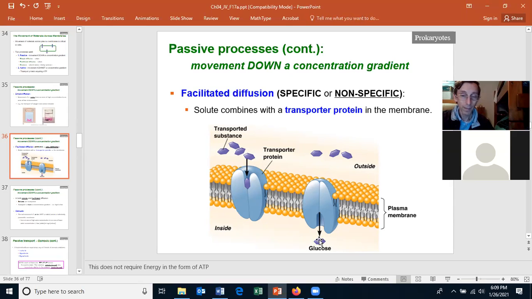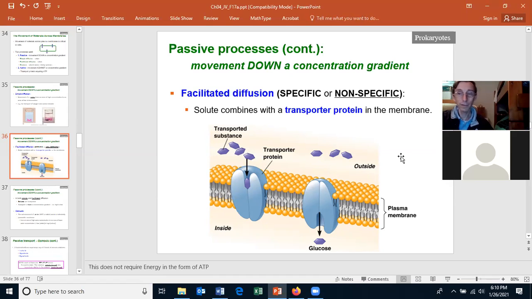So that's why the glucose example is not the best one to use as facilitated diffusion, because at one time it acts as facilitated diffusion, but at another time it acts as an active process and moves molecules from low concentration to where they're at high concentration.